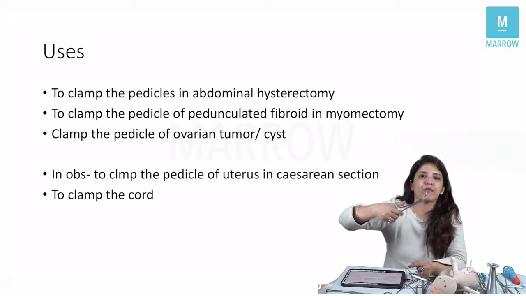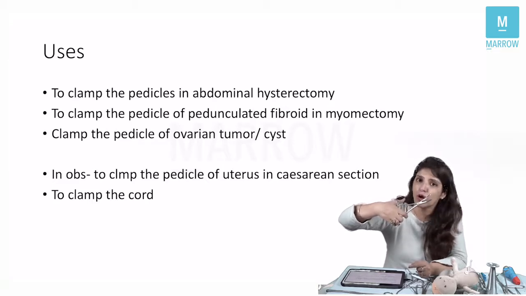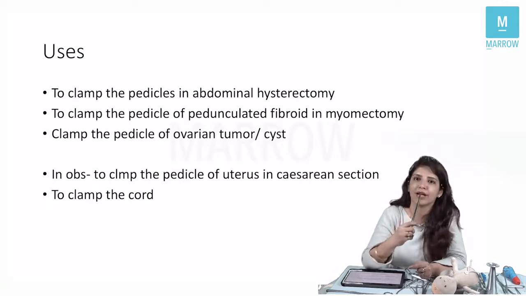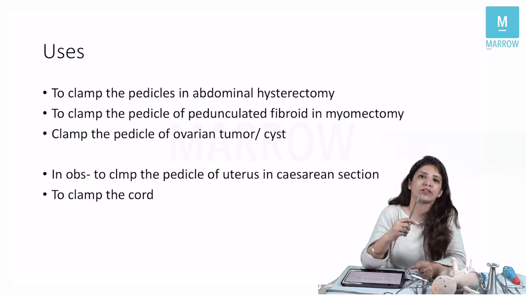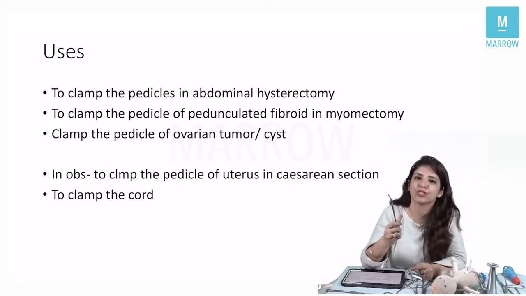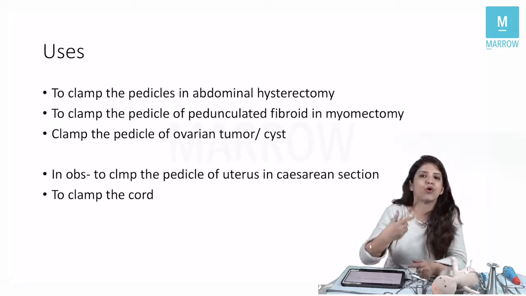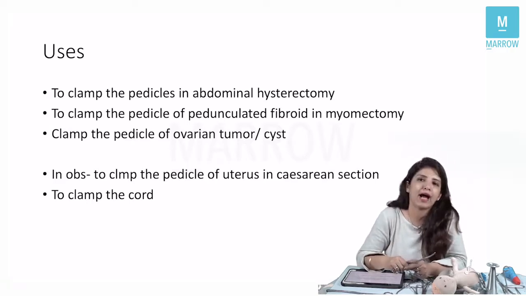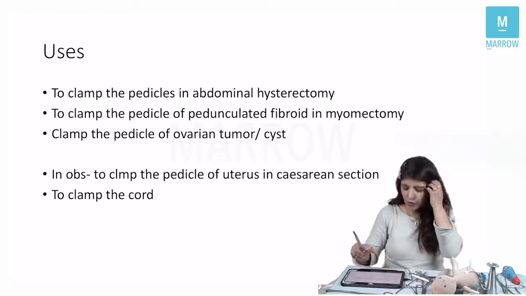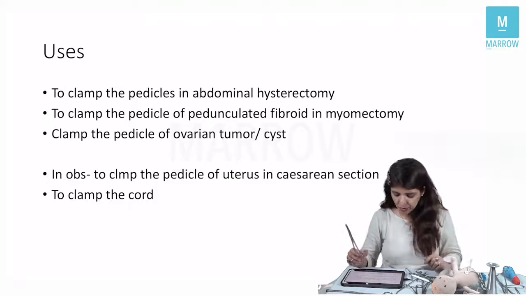So the first clamp will be at the cornua of the uterus, which has the round ligament, the fallopian tube and the ovarian ligament. Then the second clamp will be put at the uterine artery so that the blood supply to the uterus is stopped. The third clamp will be at the cardinal ligament, and the last clamp is put on the uterosacral ligaments. So this is the order in which you apply clamps in abdominal hysterectomy, right? The opposite will be in the case of vaginal hysterectomy, right?